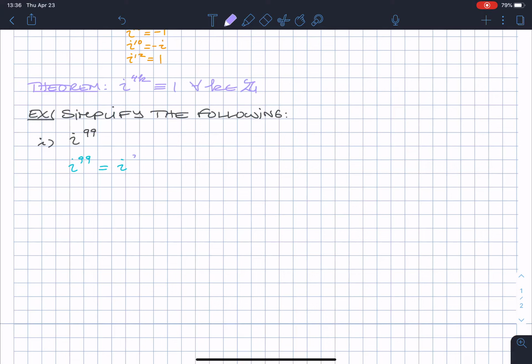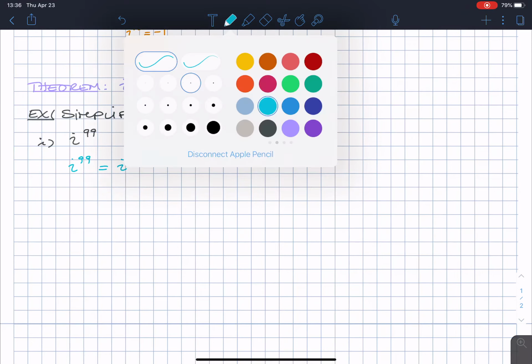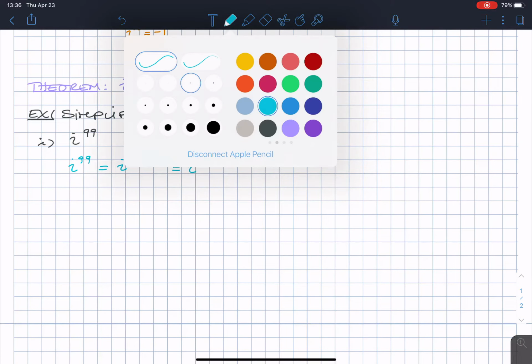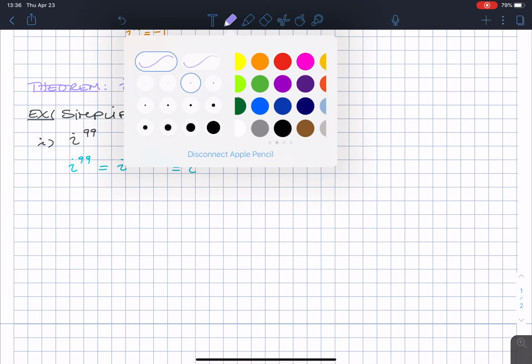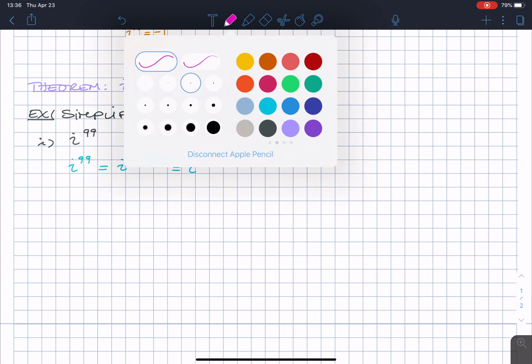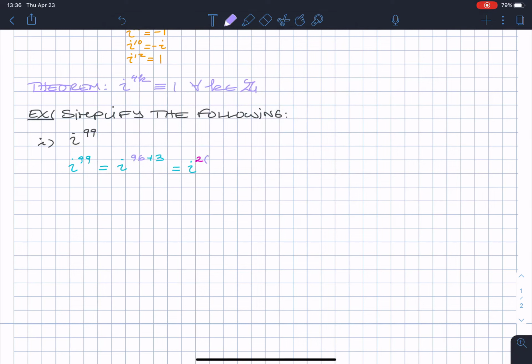So I'm going to write 99 as 96 plus 3. Okay. 4 goes into 9 twice, with 1 left over, and 4 goes into 16 4 times.